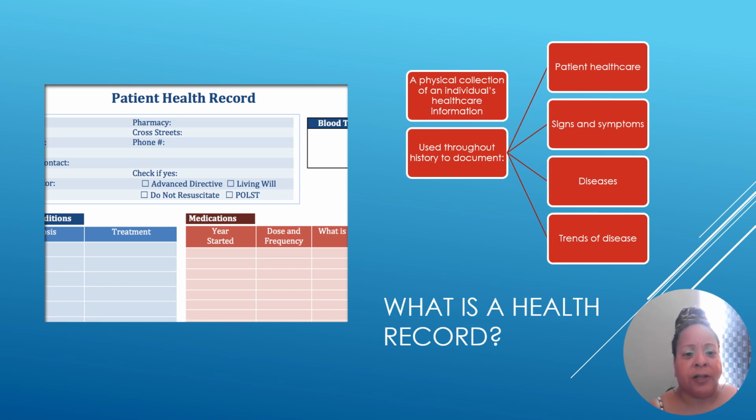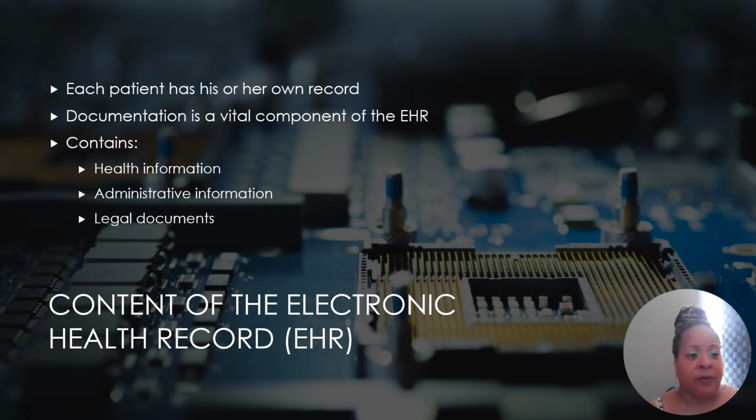So a physical collection of an individual's healthcare information is really what's on that health record, and it is used throughout history to document. So you're going to document the patient's health care, the signs and symptoms of diseases, and the trends of the diseases. Each patient has his or her own record, and the documentation is a vital component of the EHR.